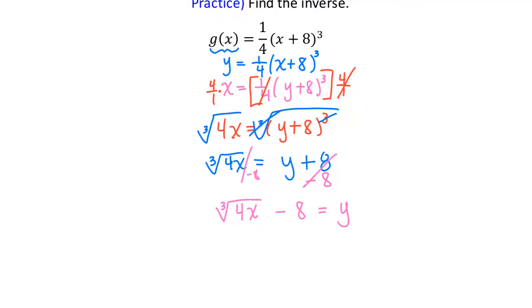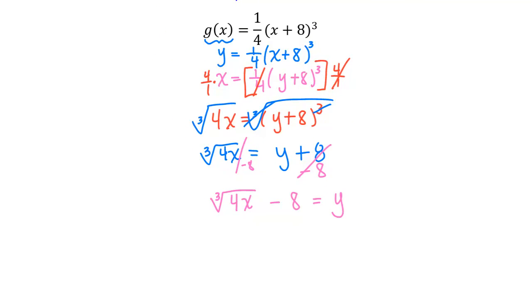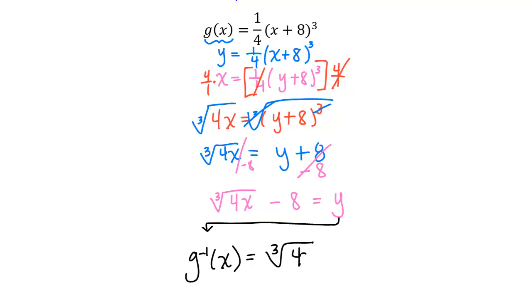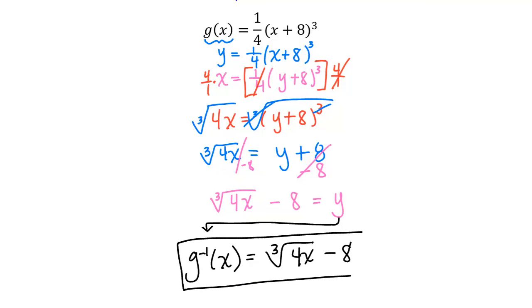And then the very last step is to go back to inverse notation. This is a g of x, so what are we going to call it? G inverse of x. Good. Equals the cube root of 4x minus 8. And that's our final answer.